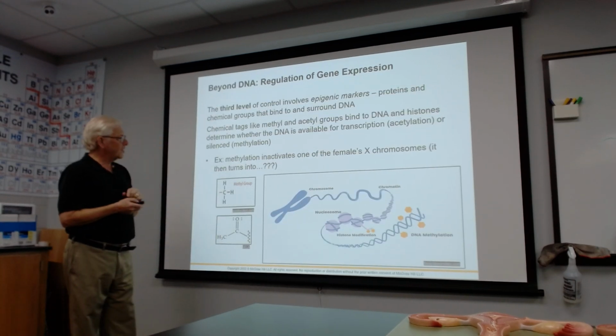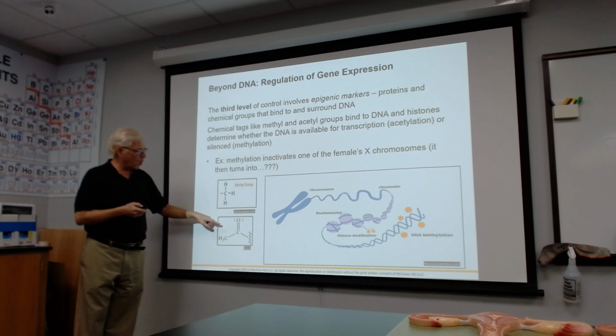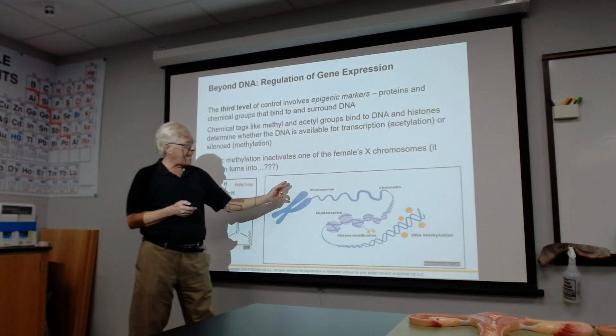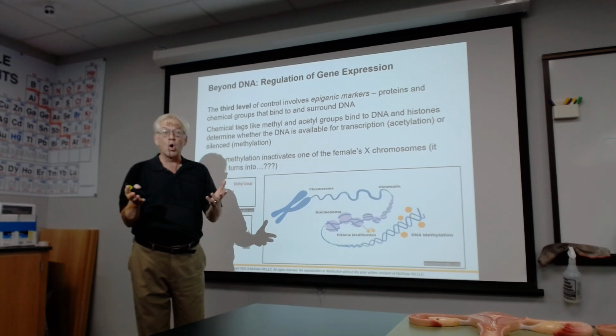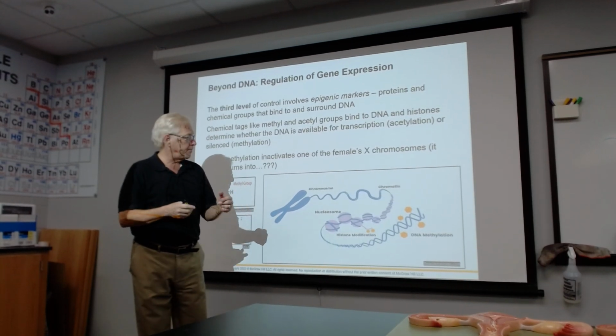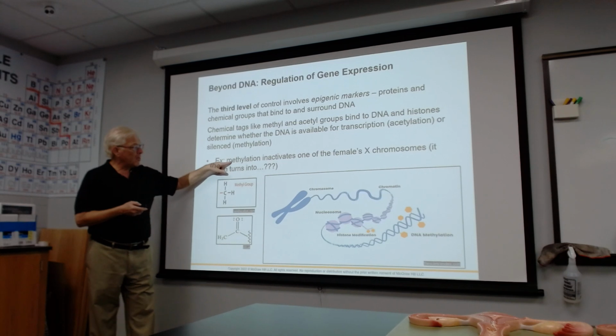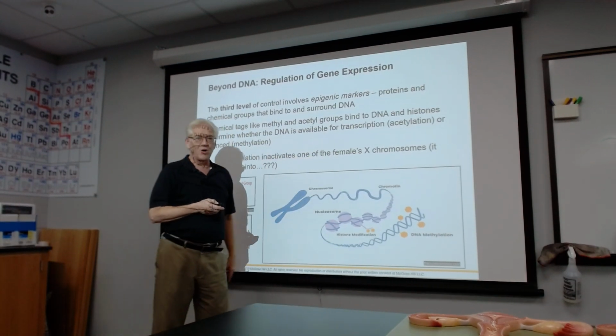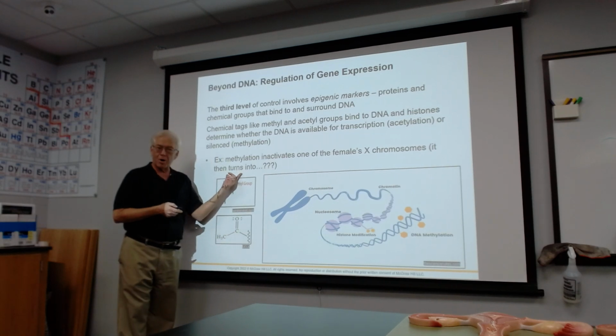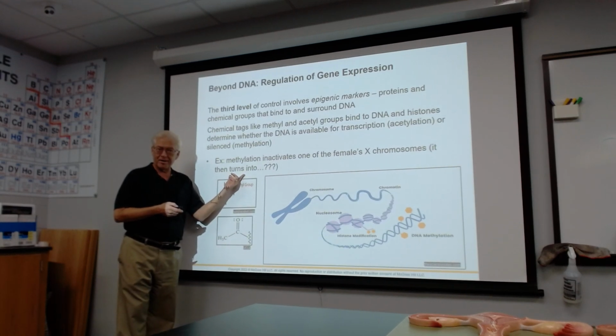The third level is there's a methyl group or an acetyl group that can land on a chromosome and either turn it on or turn it off. Got it? And that's why methylation inactivates one of the female's X chromosomes and turns it into a Barr body. Alrighty?